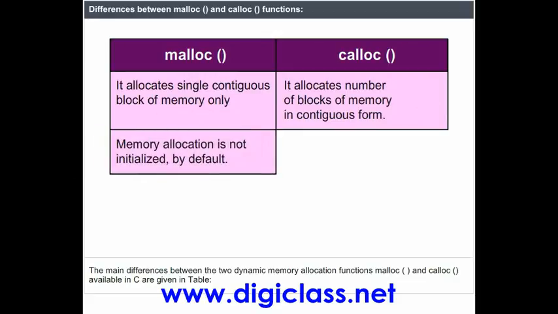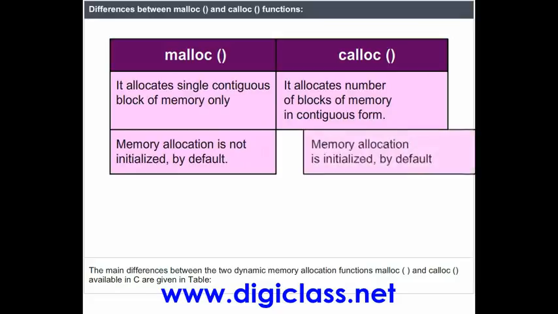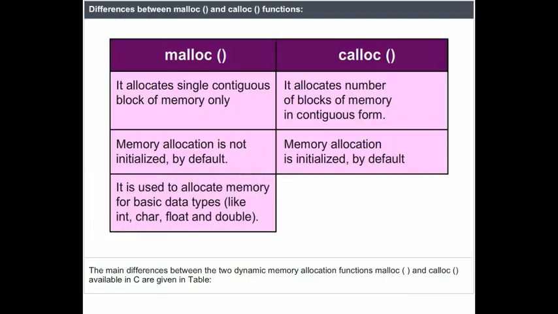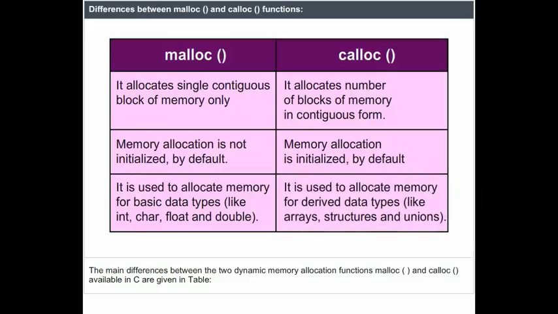Malloc: memory allocation is not initialized by default. Calloc: memory allocation is initialized by default. Malloc: it is used to allocate memory for basic data types like int, char, float and double. Calloc: it is used to allocate memory for derived data types like arrays, structures and unions.